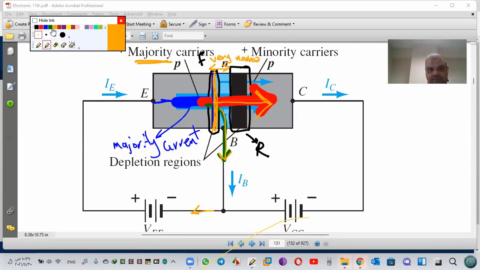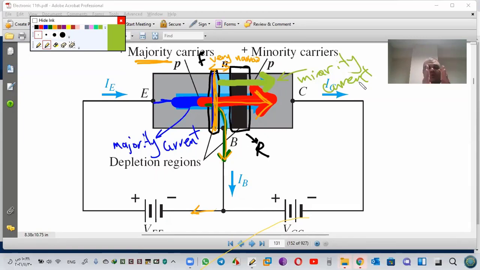This is for majority. For minority, we also have current. This one is current. Small current. This is called minority current. So we have now two currents, not one. We have majority current starting from the emitter, arriving to the depletion region, but because the depletion region is very small, we can skip it.